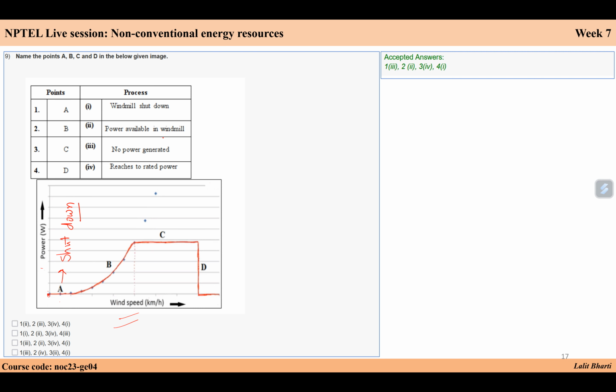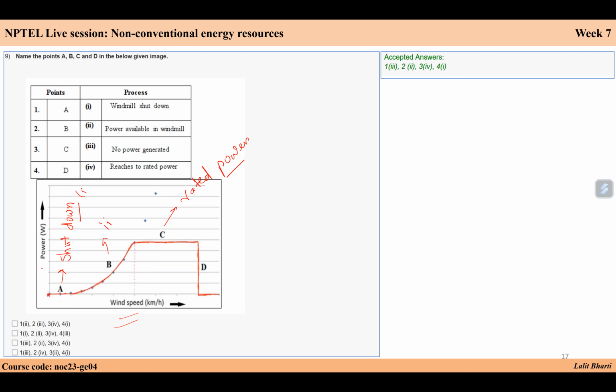Then power is available to the windmill, but no power generated, until it reaches the rated power. So C is your rated power, because here it gets saturated. Then B is the power available, but it is not sufficient to get rated power. So B is your option second.